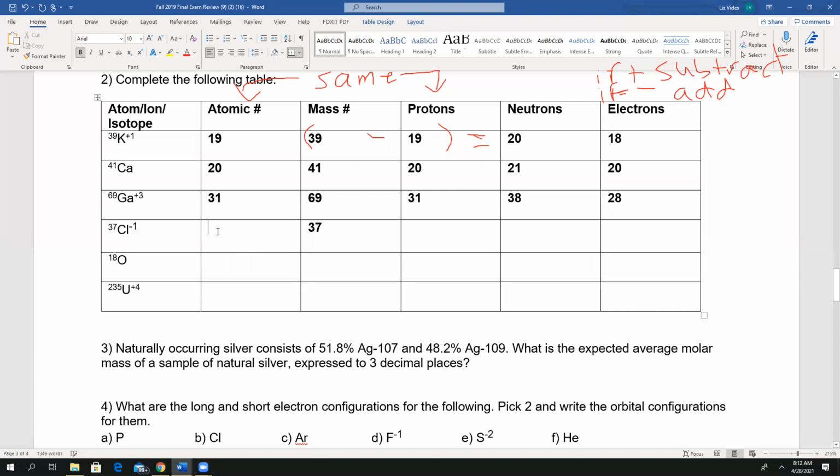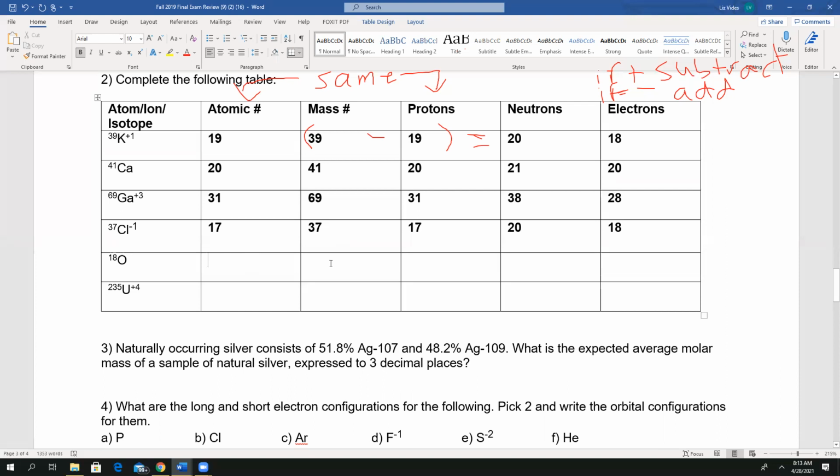The atomic number for chlorine is 17. That means the protons are 17. The neutrons is 20, right? And the electrons is going to be 18 because it's negative. You see that? So if negative, add.